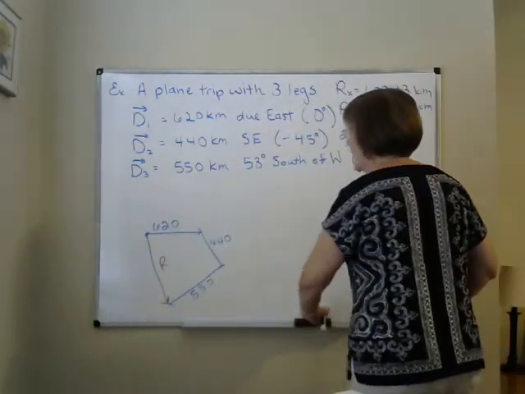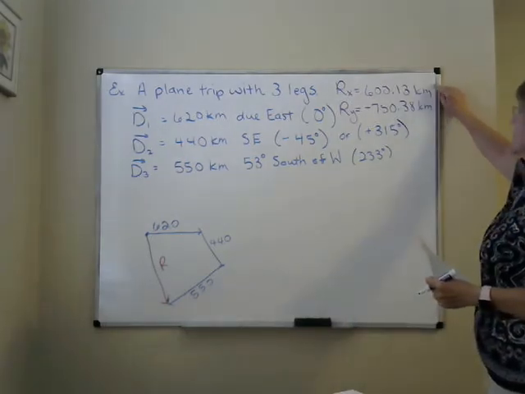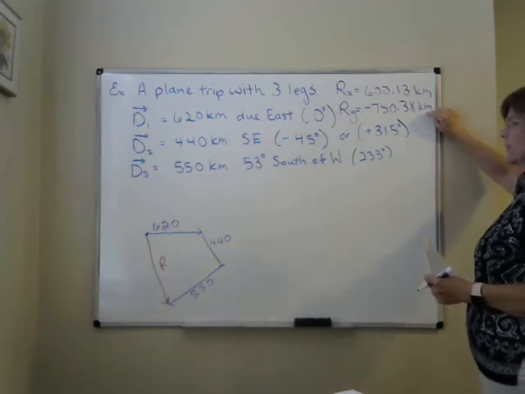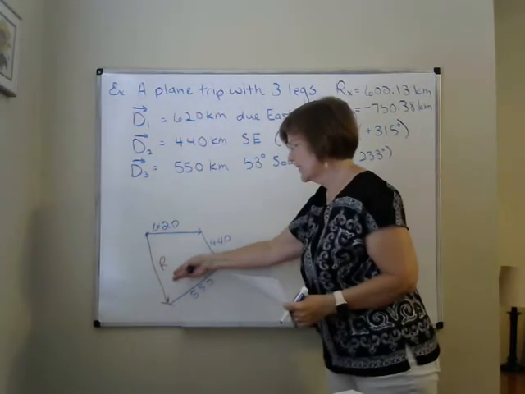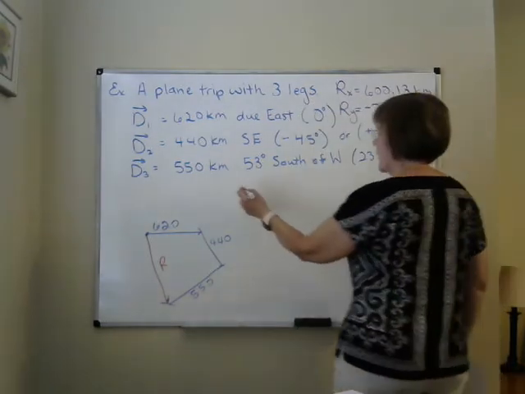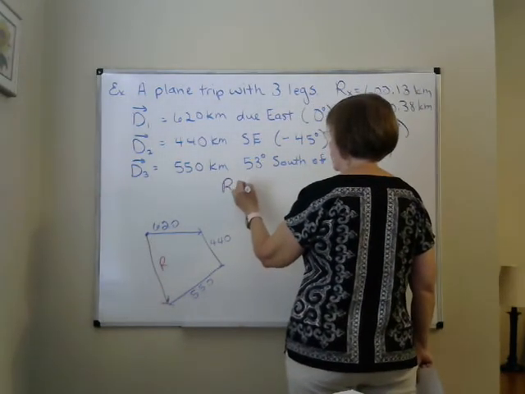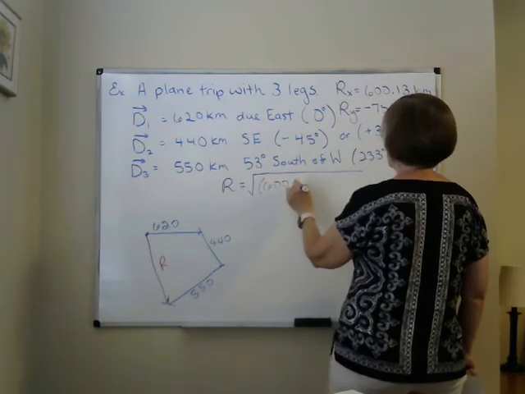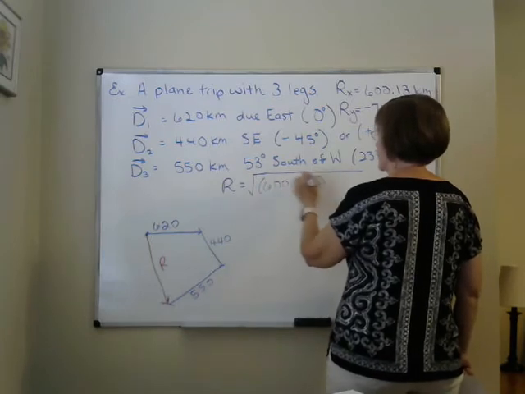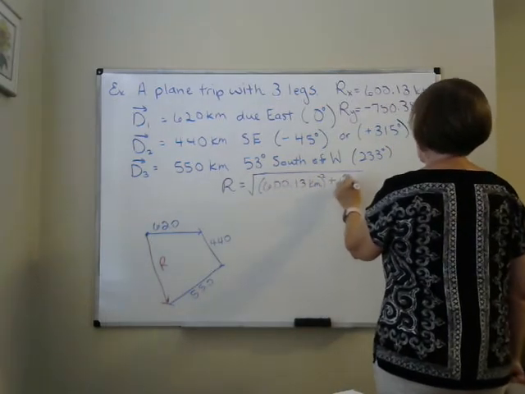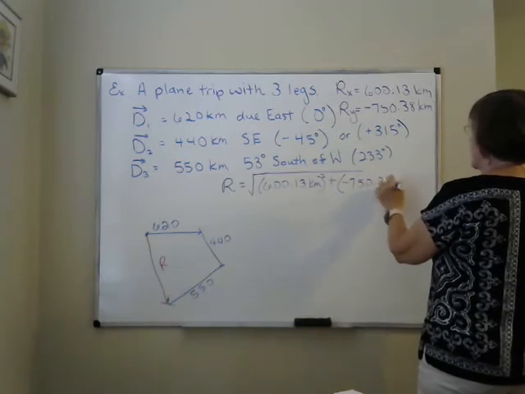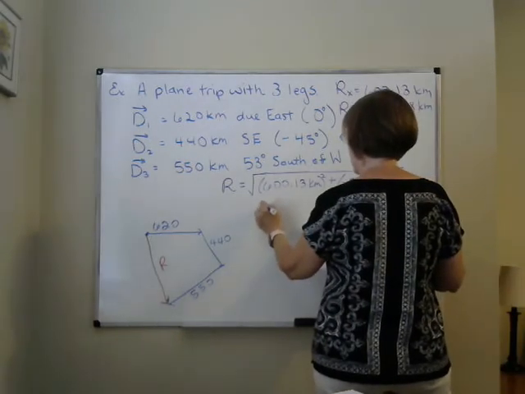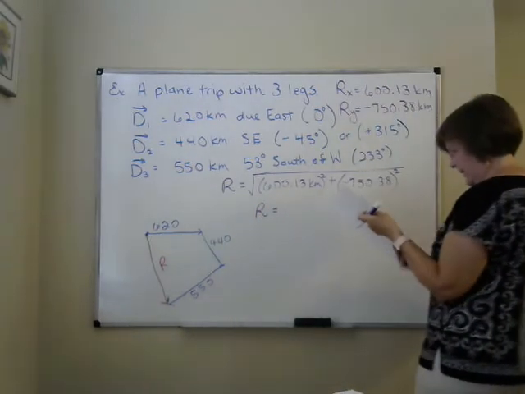Okay, let's think about what this means. The x component's positive, the y component's negative, so I expect to be in quadrant 4. To get that value, I use the Pythagorean theorem. 600.13 kilometers squared plus negative 750.38 kilometers squared, and then I have to take the square root, and I get a vector sum.